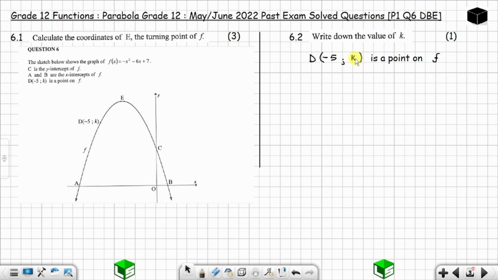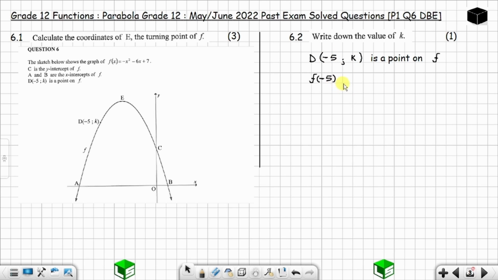So to get k, you are going to take f of negative 5. So you have f of negative 5, and then you plug negative 5 wherever you have x. You are going to plug negative 5 inside there to get the value of k, because k is your y coordinate. Your x coordinate is negative 5.